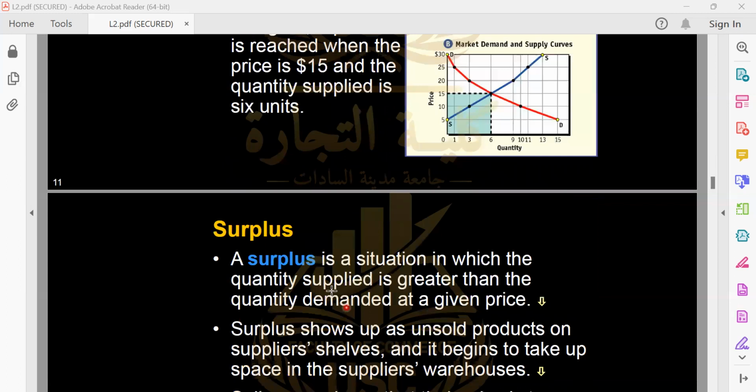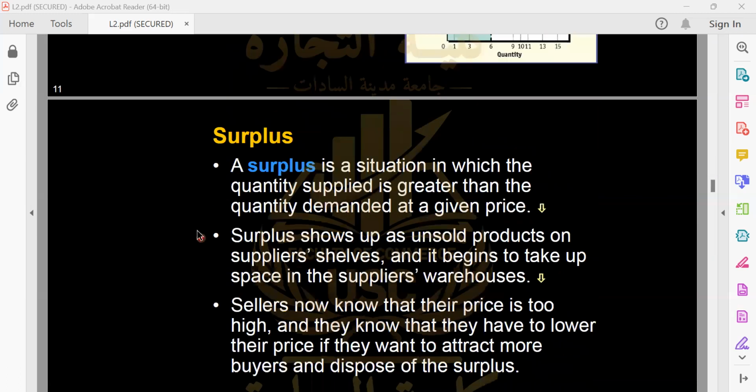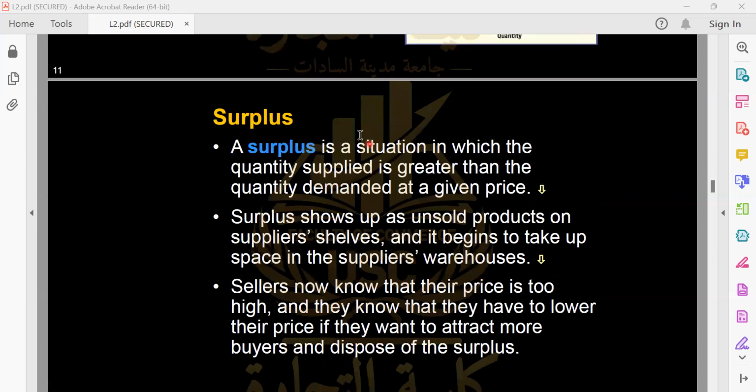So we have the definition of surplus: a situation in which the quantity supplied is greater than the quantity demanded at a given price. Surplus shows us unsold products. That's because quantity supplied is larger than quantity demanded, so we have inventory and fill space in suppliers' warehouses.